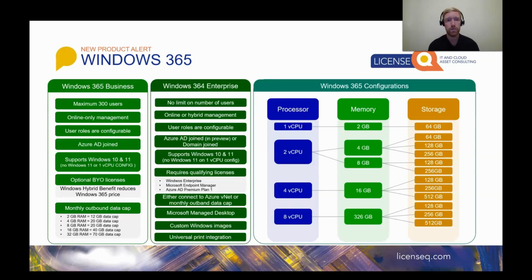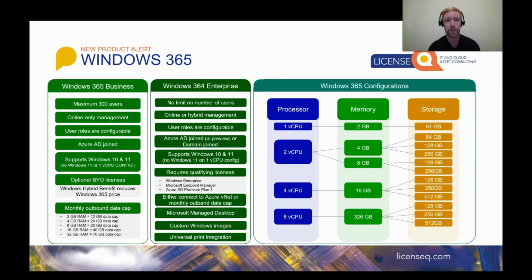So on the left hand side you see Windows 365 for business. It's a small and medium enterprise play. It allows you a max of 300 users. There's no minimum, so you can start with just one if you want to. You have online only management for this solution. User roles are configurable as you want, and you can Azure AD join all these devices.